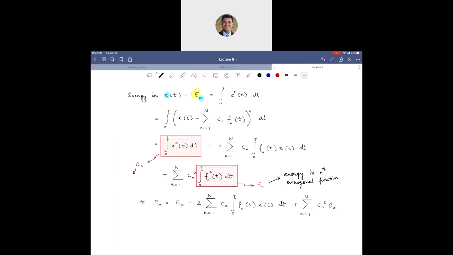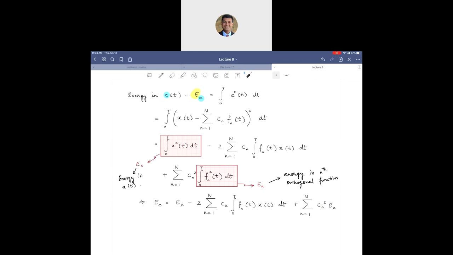This is the energy in x of t. So once we define those as Ex and En, I can rewrite the energy in the error signal as Ex minus 2 times this summation plus summation of all the squared coefficients multiplied by their energies.